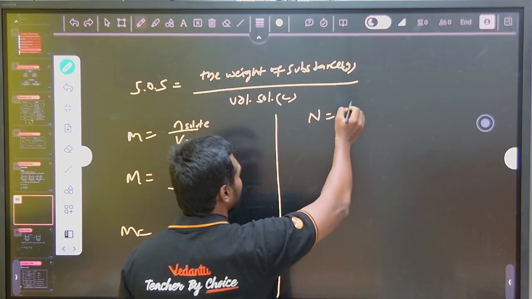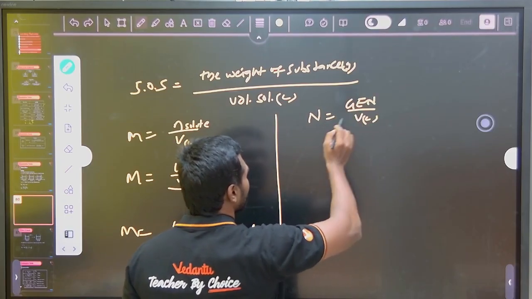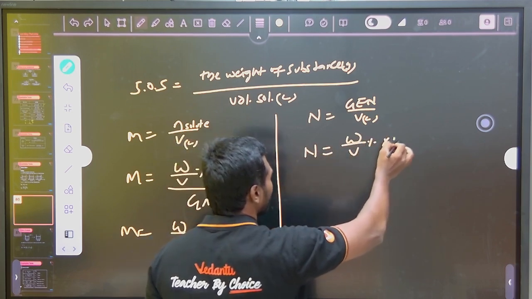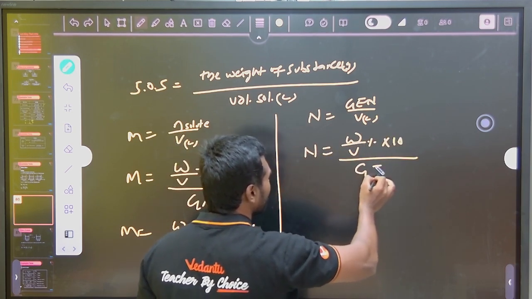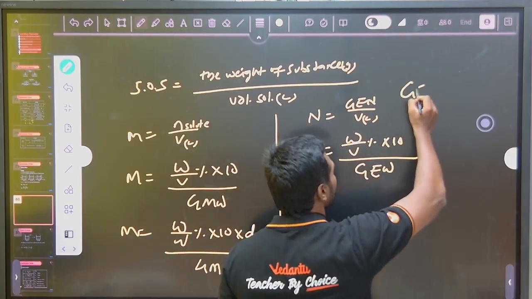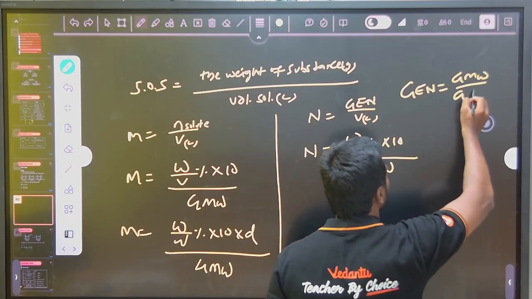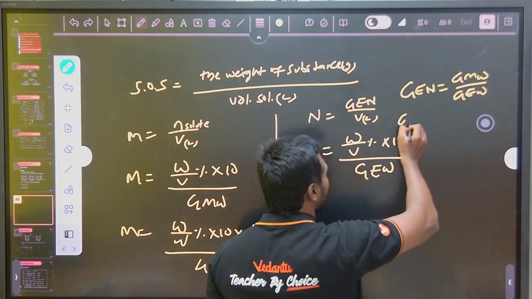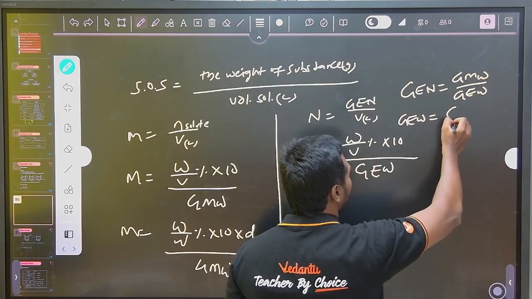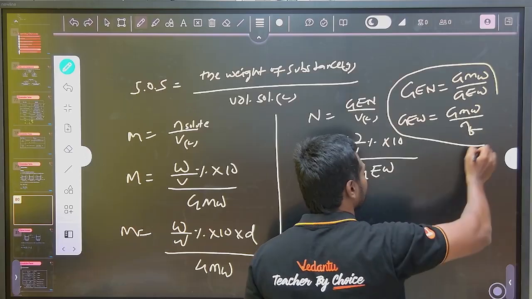So normality is equal to number of gram equivalents by volume in liter, or else normality is also weight by volume percentage into 10 by gram equivalent weight, because number of gram equivalents is equal to gram molecular weight by gram equivalent weight. Then what is gram equivalent weight? Gram equivalent weight is equal to gram molecular weight by n factor or valency factor.